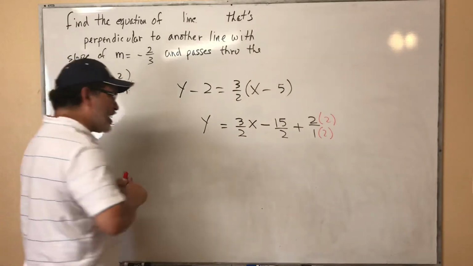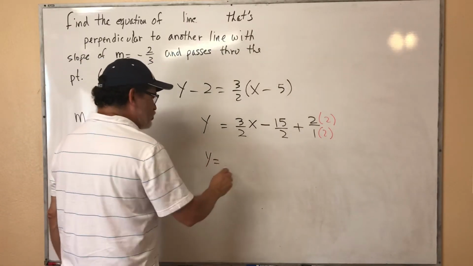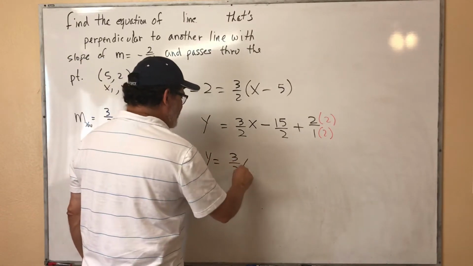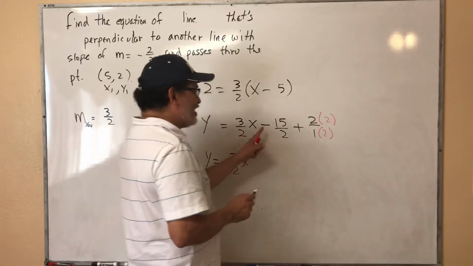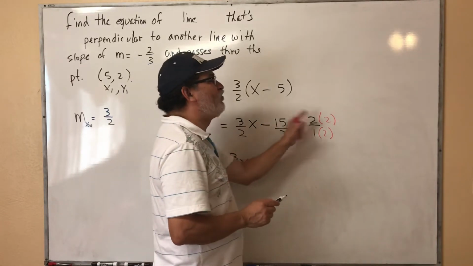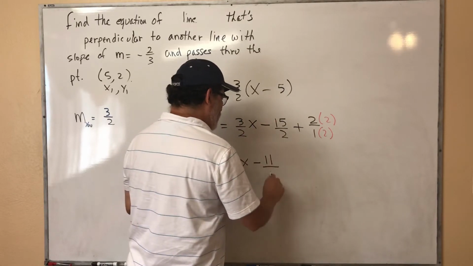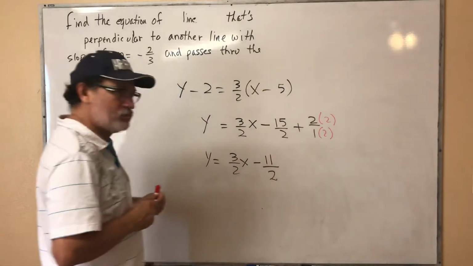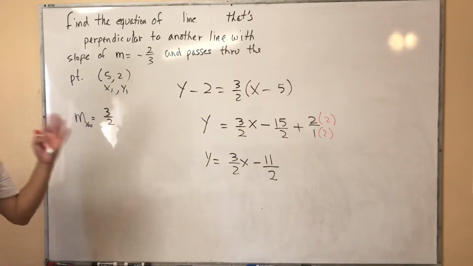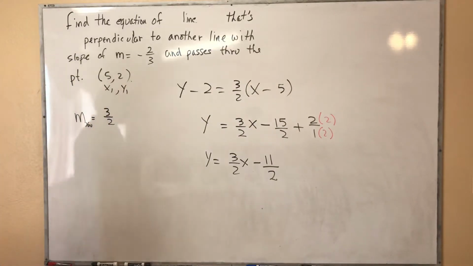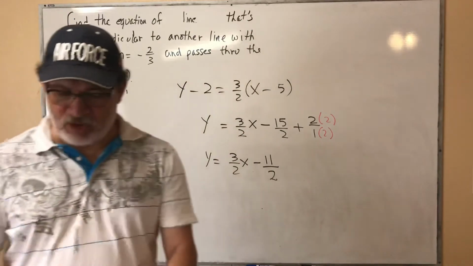Now we have y equals 3/2 x, and then negative 15 plus 4, minus 11/2. And that's your equation of the line. Beautiful.